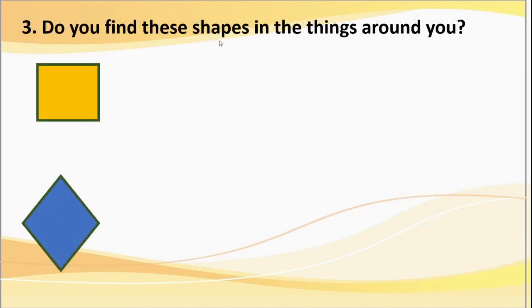Do you find these shapes in the things around you? Yes, dear children, here some shapes are given. This is square, you know that. This is kite, right? Now, do you find these shapes, objects in your surroundings? Come on, list them. Here I will help you with objects which have square shape.